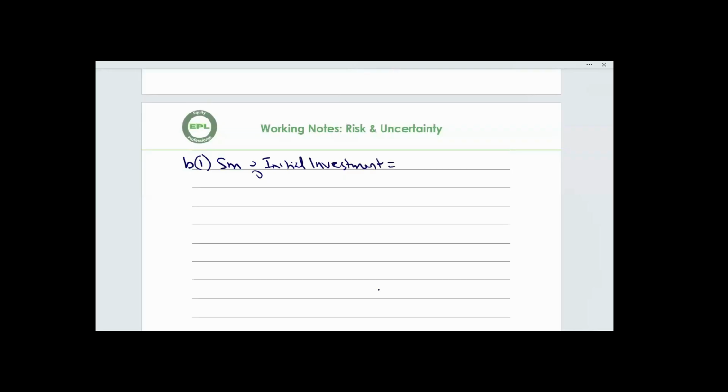For all the variables, excluding cost of capital and the project costs, sensitivity margin is calculated as the ratio of NPV to the present value of the variable. So in this case, our sensitivity margin of initial investment will be equal to NPV divided by present value of initial investment, multiplied by 100%.